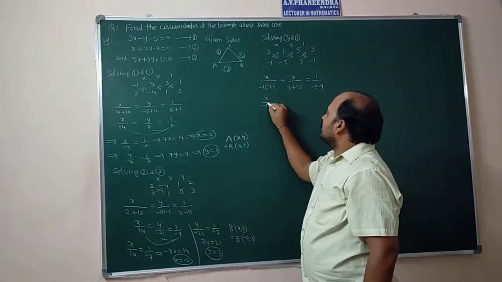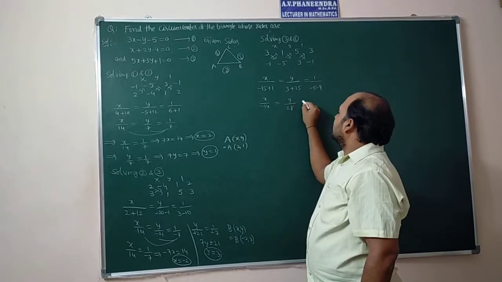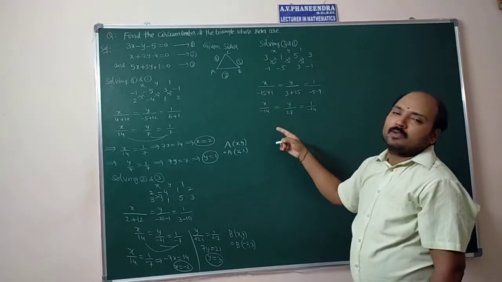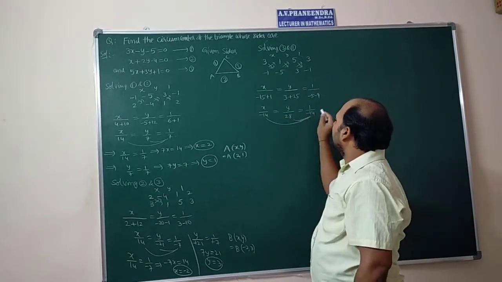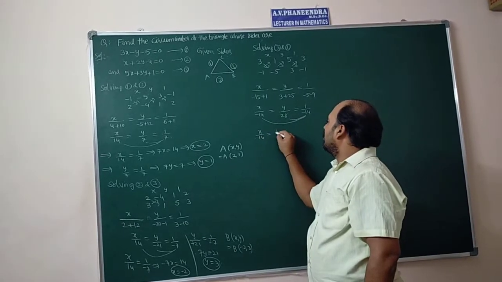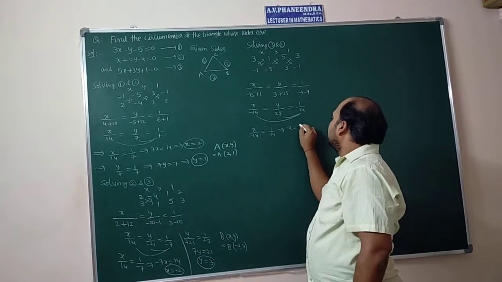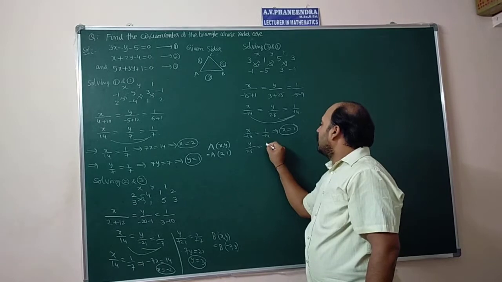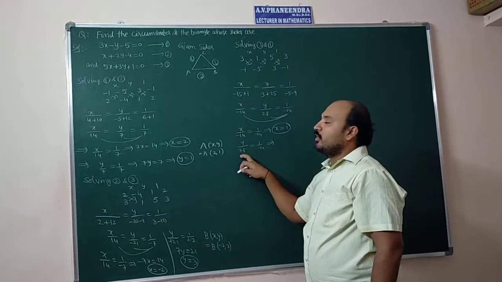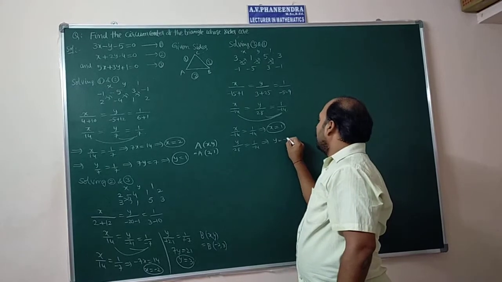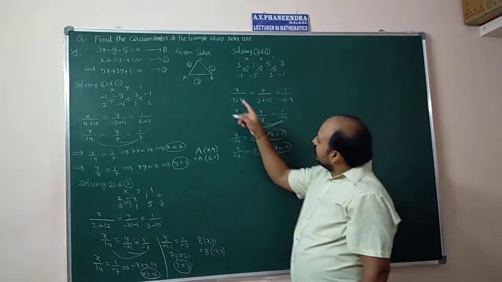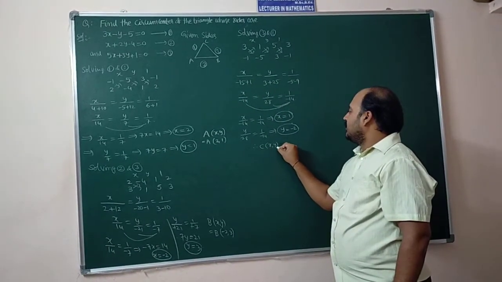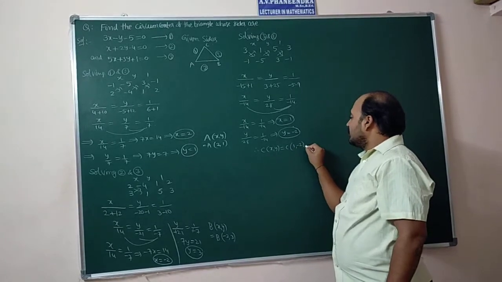So x by minus 14, y by 28, 1 by minus 14. Even if you want to cancel all the 14s, you can cancel it, but no need. Equating these two, x by minus 14 equal to 1 by minus 14, that is x is equal to 1, the 14s are cancelled. x is equal to 1. y by 28 equal to 1 by minus 14, that implies the 14 ones are 14, the 14 twos are here, minus is there. So y equal to minus 2. So solving 3 and 1, it should be C. Therefore C of x comma y is equal to C of 1 comma minus 2.